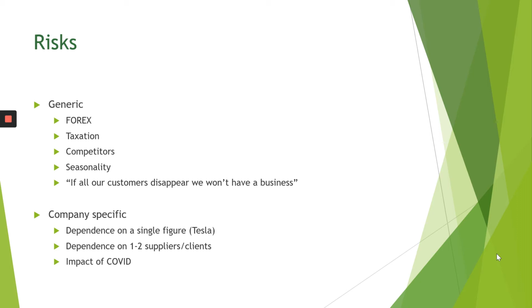But then there's company specific risks, and these are ones you won't find on every single company's 10K report. So this will be things like heavy dependence on a single figure. I'll be showing you Tesla's 10K, and they say something very interesting in there. Things like dependence on just a few suppliers or clients.